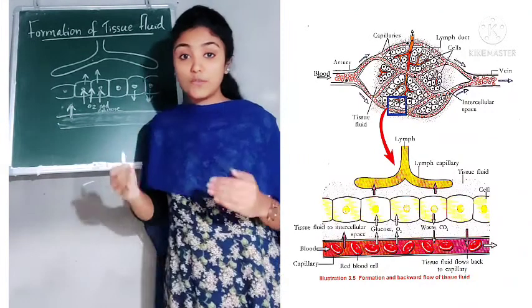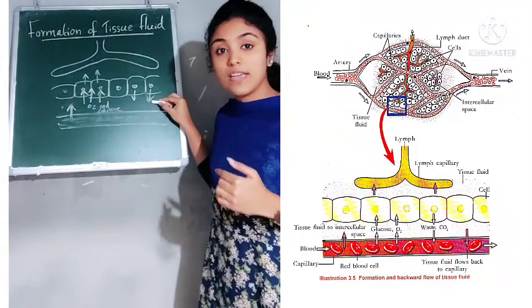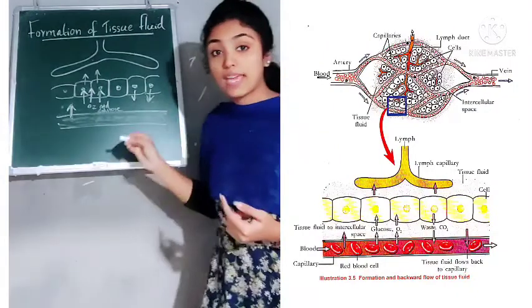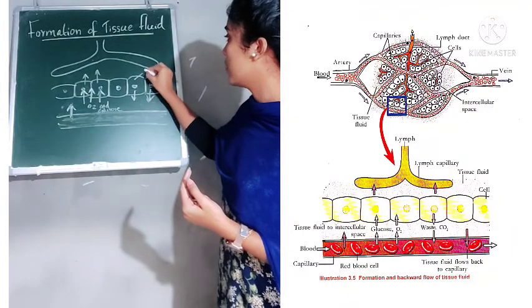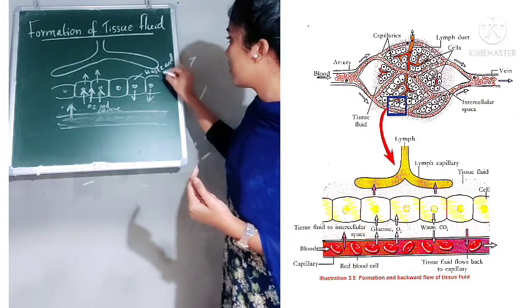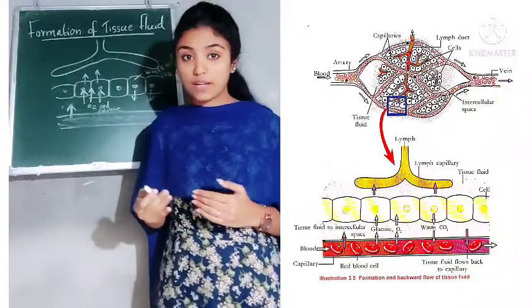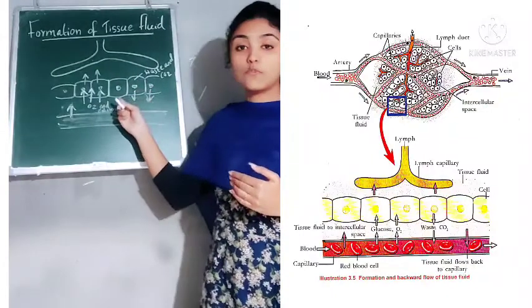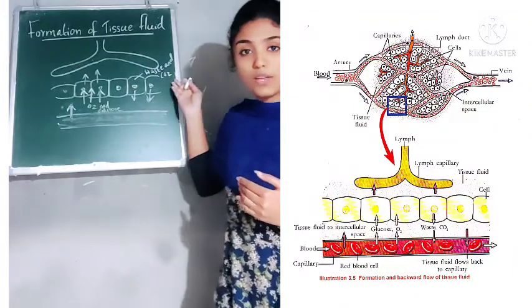So when the fluid re-enters into the intercellular space, along with this fluid, it also carries waste and carbon dioxide from cells. So we know that after various life activities, the byproducts formed from the cells include waste and some carbon dioxide.